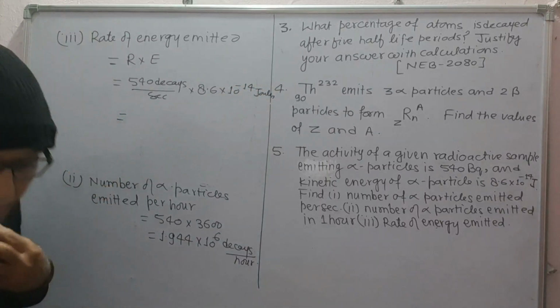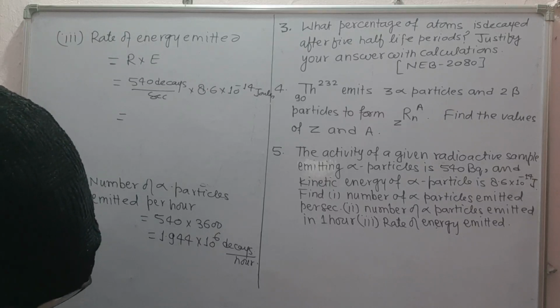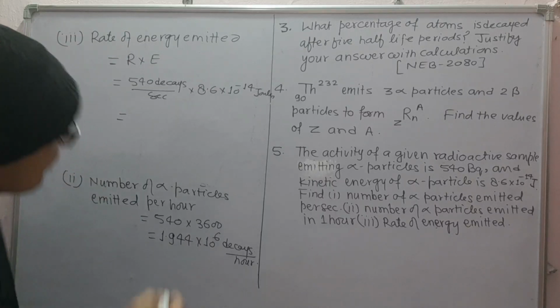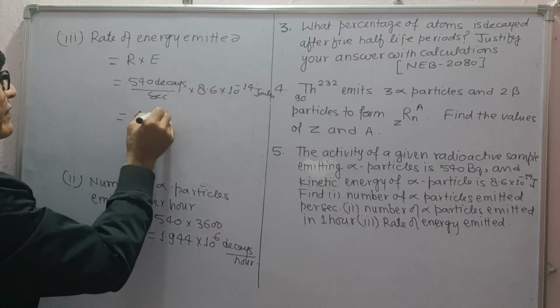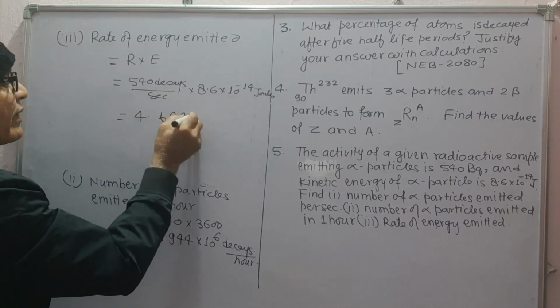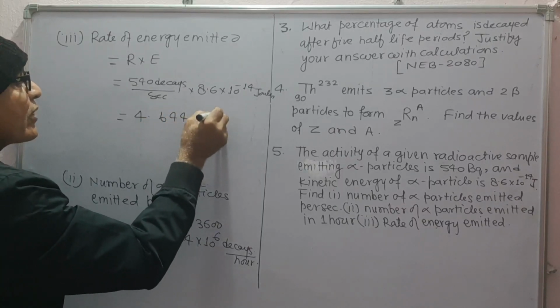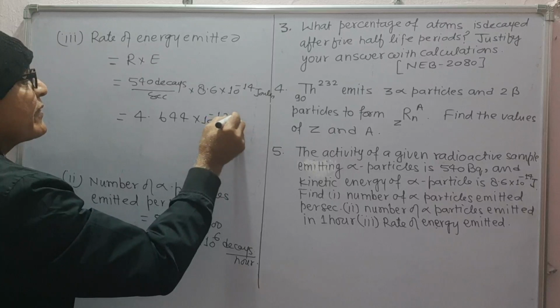So we get 4.644 into 10 to minus 12 joule per second, means watts.